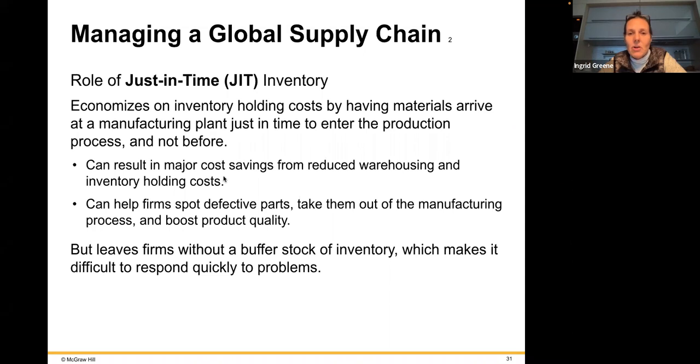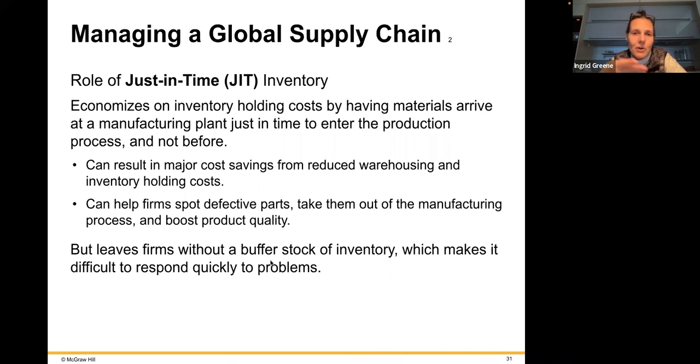This can result in major cost savings from reducing warehouse and inventory holding costs, and can help firms spot defective parts and take them out of the process to boost product quality. So you see them ahead of time in a supplier's warehouse, and then you can quickly change and get it from another supplier potentially. But it leaves a firm without a buffer stock of inventory, which can be scary, and it makes it difficult to respond quickly to problems.